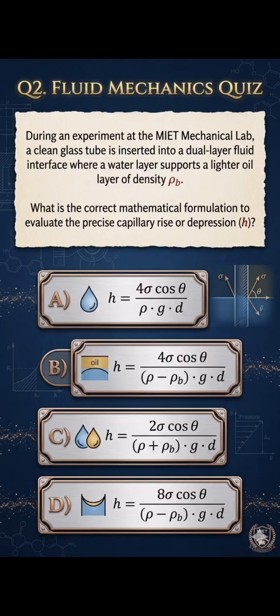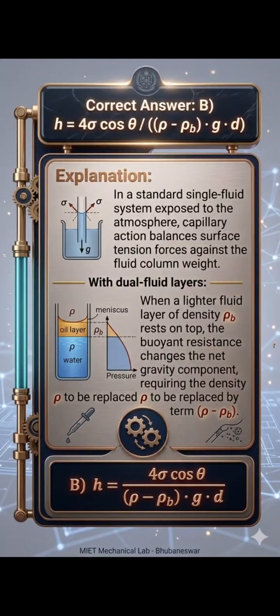What is the correct mathematical formulation to evaluate the precise capillary rise or depression h? A: h = 4 sigma cos theta by rho g d. B: h = 4 sigma cos theta by (rho minus rho b) g d. C: h = 2 sigma cos theta divided by (rho plus rho b) g d. D: h = 8 sigma cos theta divided by (rho minus rho b) g d. Correct answer is B, 4 sigma cos theta divided by (rho minus rho b) g d.